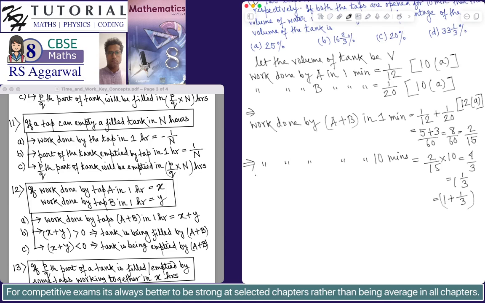Okay, so the work done by A plus B in 10 minutes is 4 by 3. Let it be 4 by 3. This implies that 4 by 3 part of the tank has been filled.